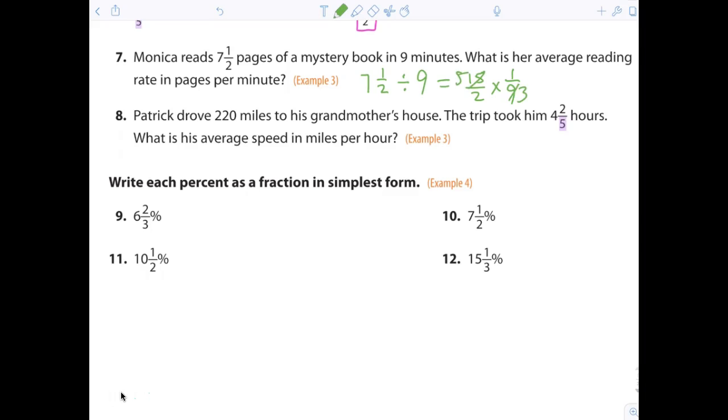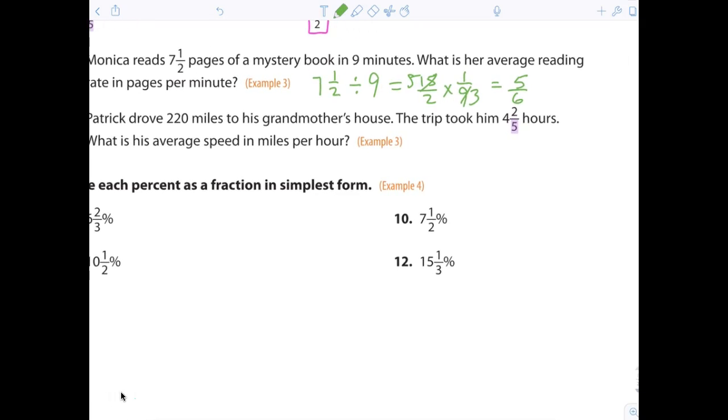Beautiful. So my final answer would be 5/6. 5/6 of a page per what? Per minute. All right? Am I making sense here, Diesel?